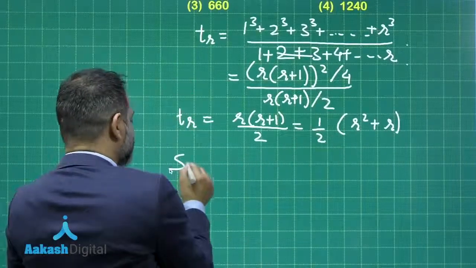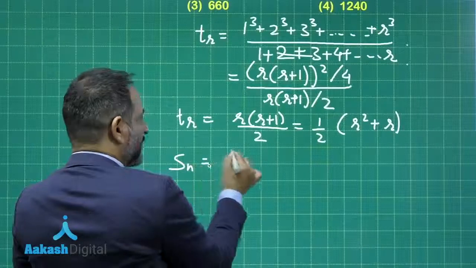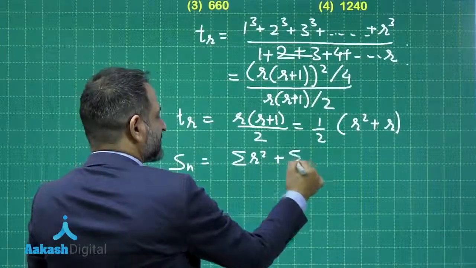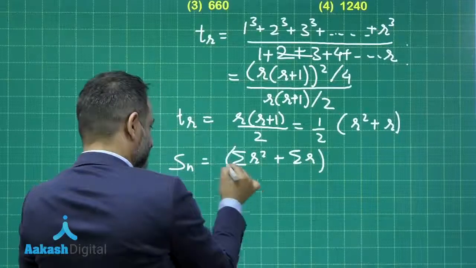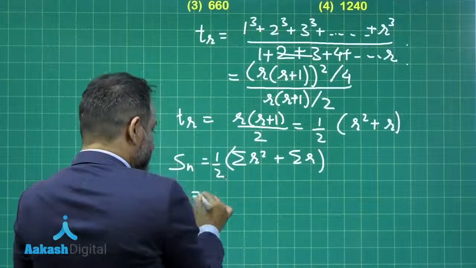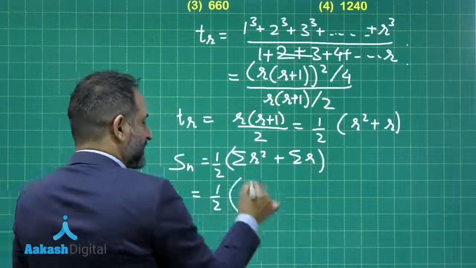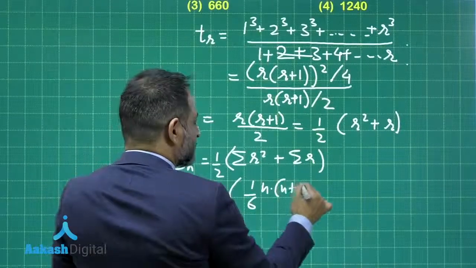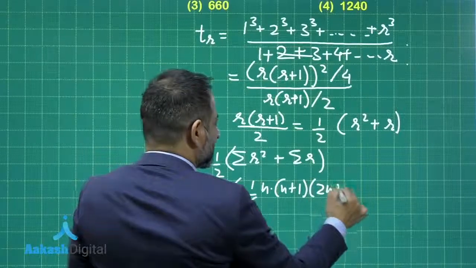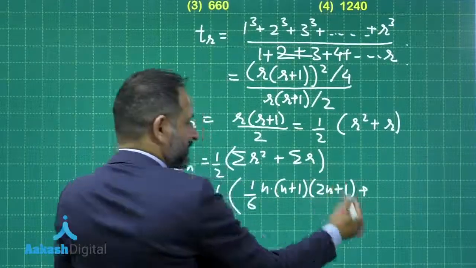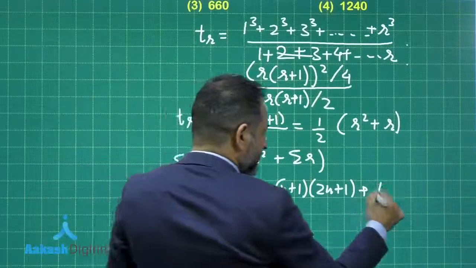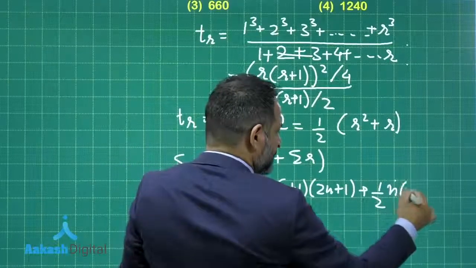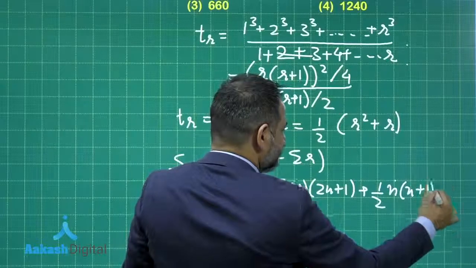So the sum up to n terms we know it is half of sigma r square plus sigma r, and you know the result. This is 1 by 6 n into n plus 1 into 2n plus 1, and again the sigma r is equal to half n into n plus 1.